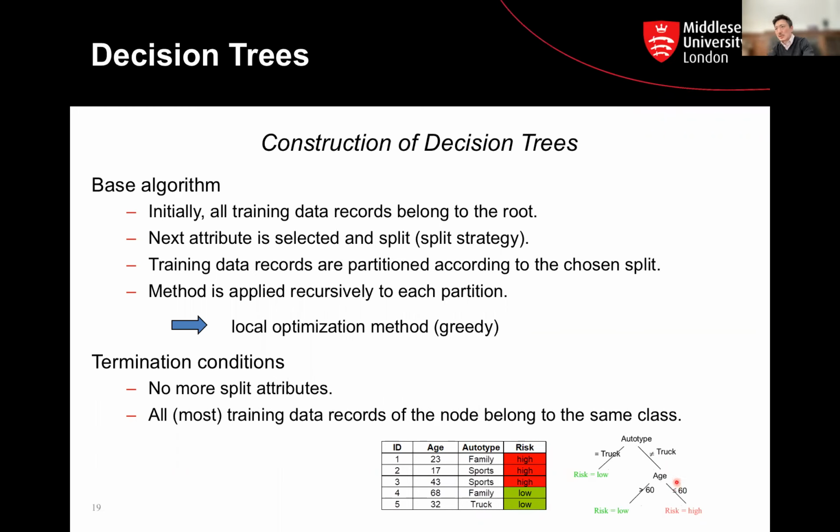The only other attribute is age, and you come up with the rules. After that, you would have 1 here and 3 here, and all 3 of them are of the same class, so you don't need to split them anymore.